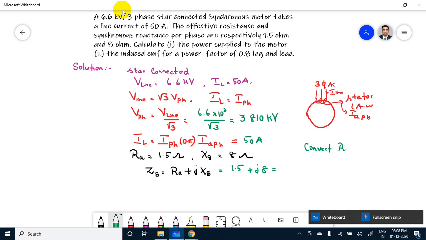Convert rectangular to polar form. Anyone give me the answer?